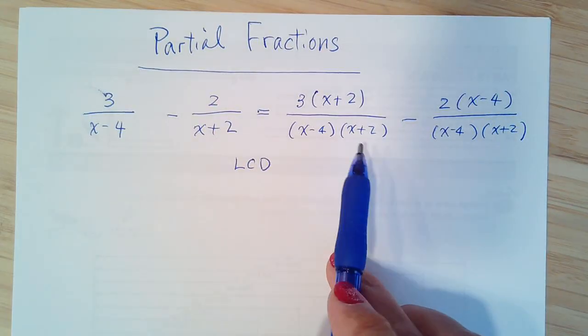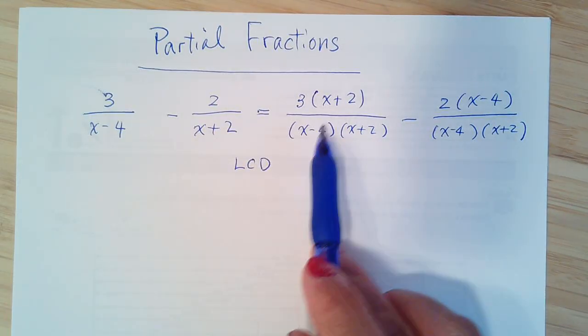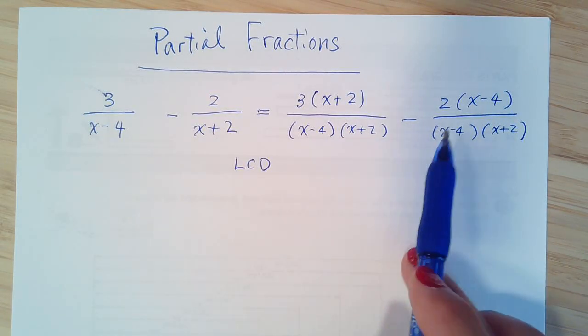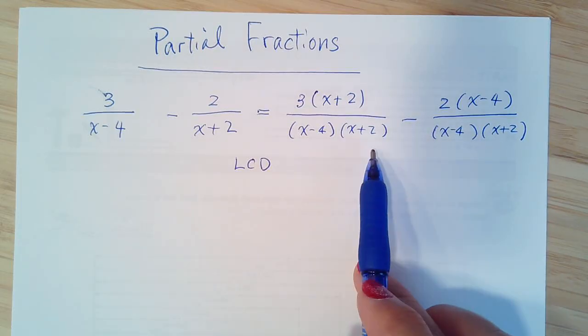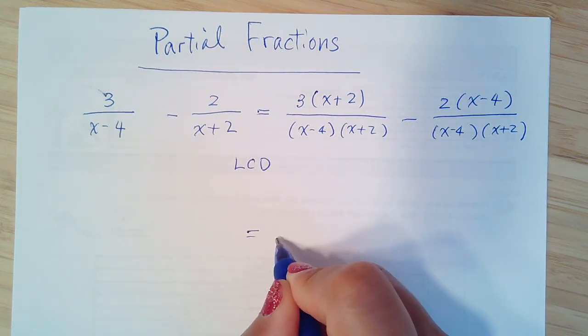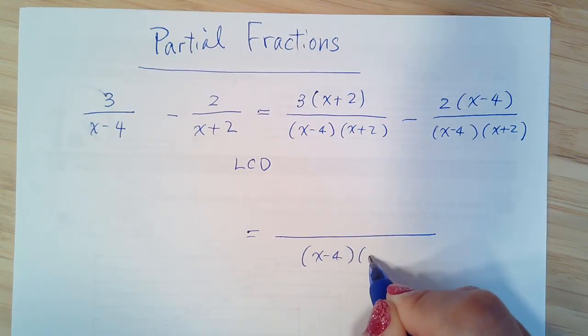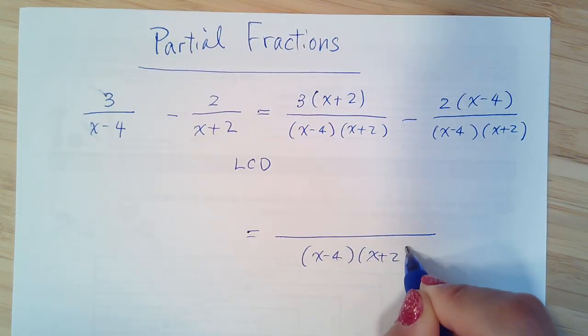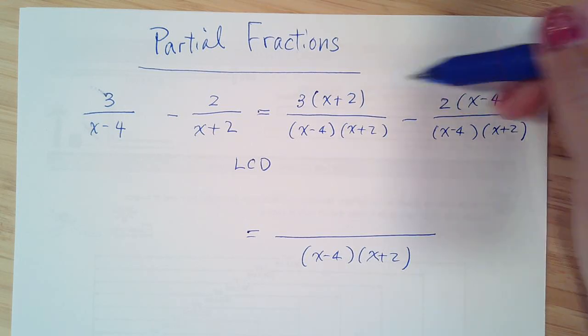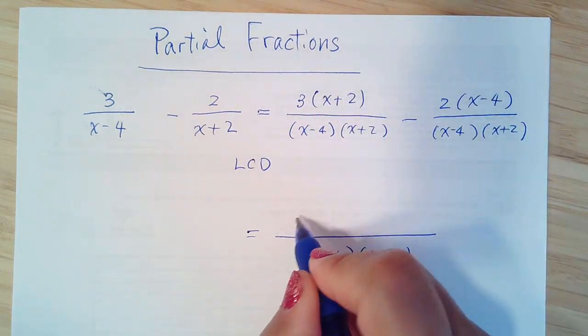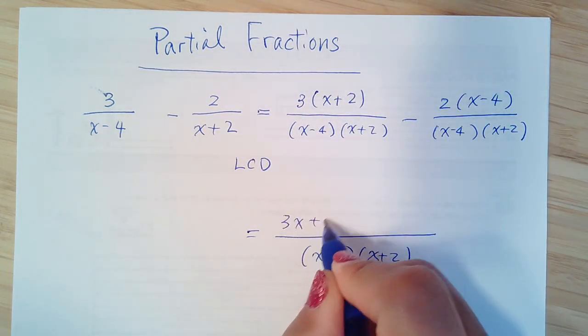Now the good thing about this is one rational form minus another rational form, and they have the same denominator. So we keep the same denominator, x minus 4 times x plus 2, and then we simplify the numerator. We distribute the 3, so we have 3x plus 6.